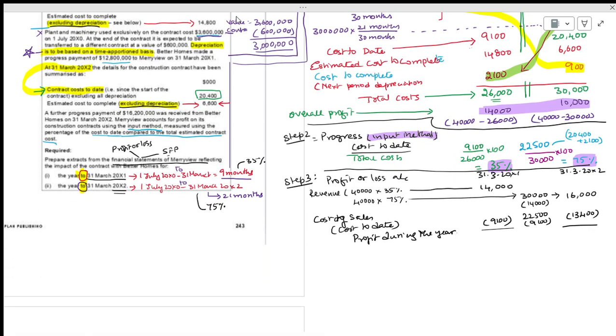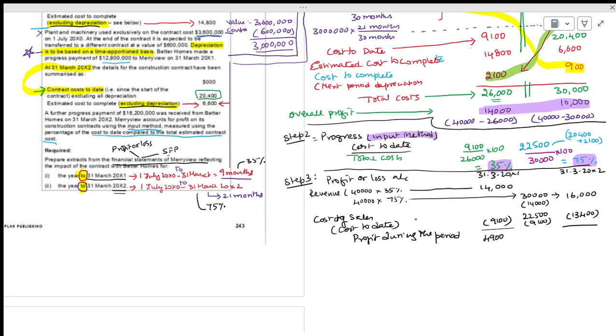Then we will say what we have earned as profit. I will not say profit during the year; I will make it a little more defined, profit during the period. How much is the profit during the period now? 14,000 minus 9,100, 4,900.